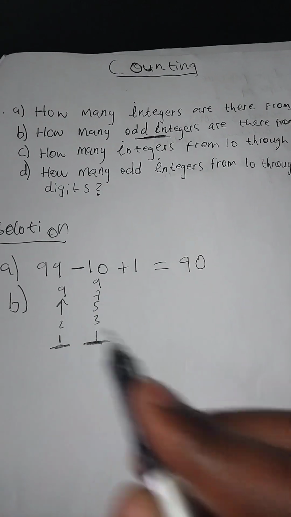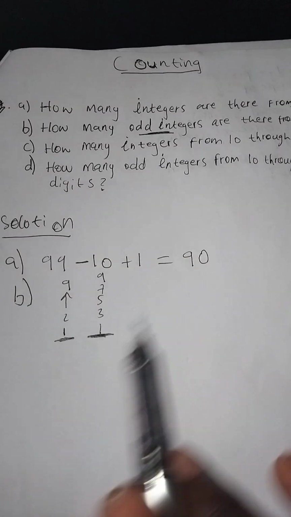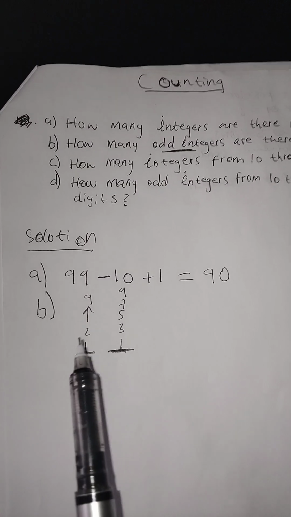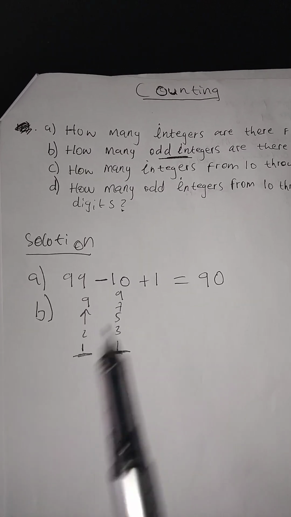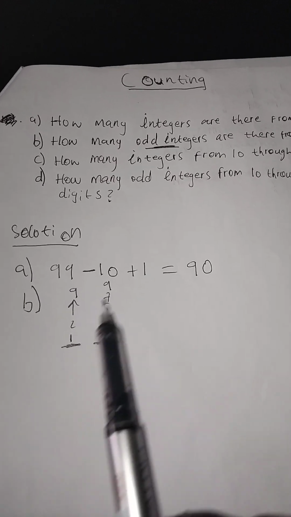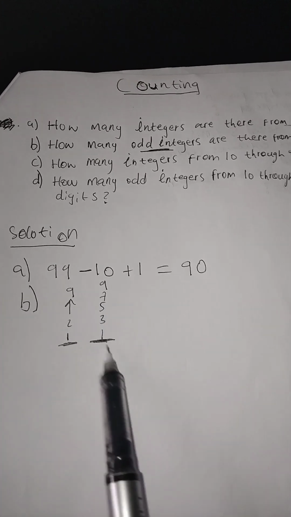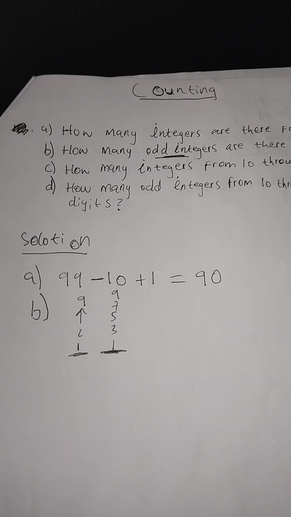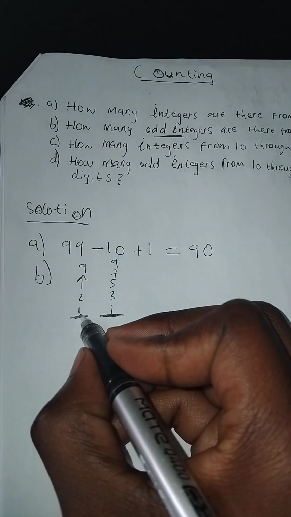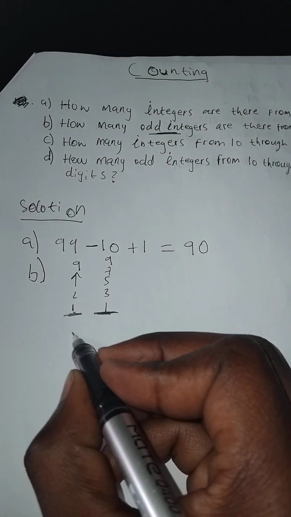This combination of digits is what makes all the odd integers from 10 to 99. So you're going to have 11, 13, 15, 17, 19, 21, 23, 25, 27, 29, 31, just like that. Now we want to know how many there are. For the first digit we said it's 1 up to 9, so we have 9.